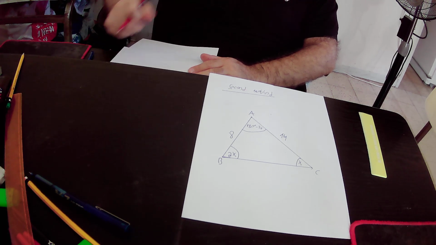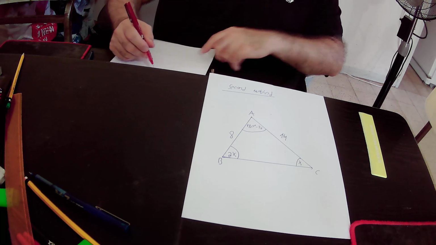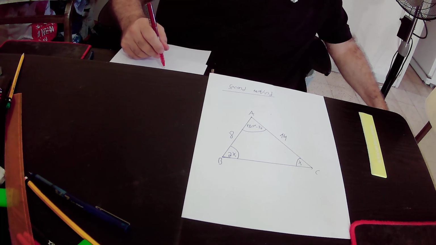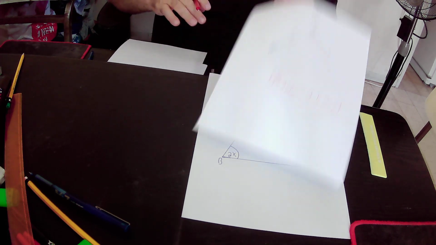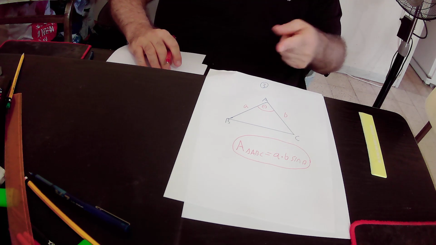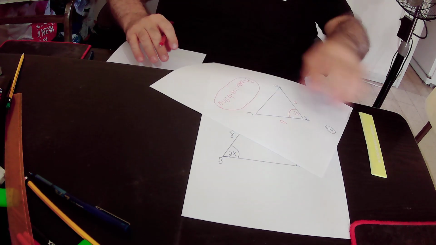And okay, so here actually I made a mistake about the area of the triangle. The area of this triangle, triangle ABC, equals A times B times sinus theta over 2.